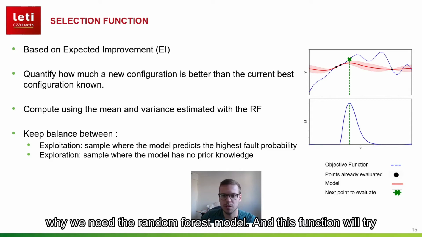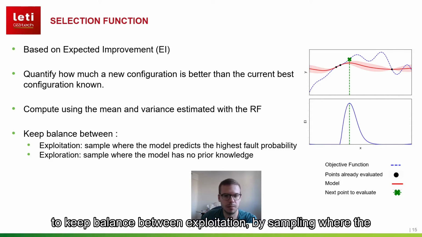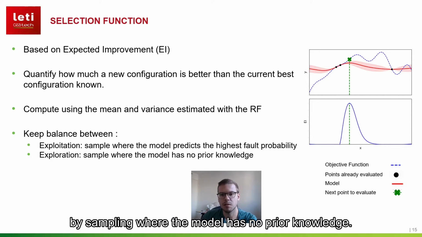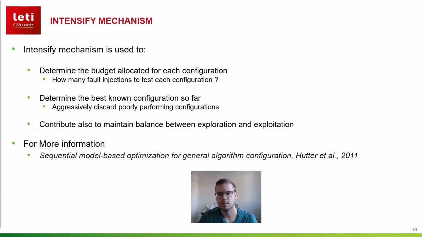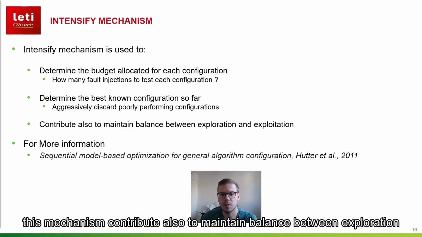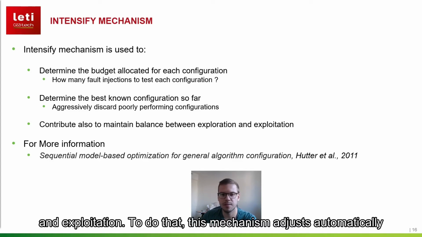And this function will try to keep the balance between exploitation by sampling where the model predicts the highest fault probability, and exploration by sampling where the model has no prior knowledge. And finally, the last element of SMAC is the intensify mechanisms, and this mechanism contributes also to maintain balance between exploration and exploitation.